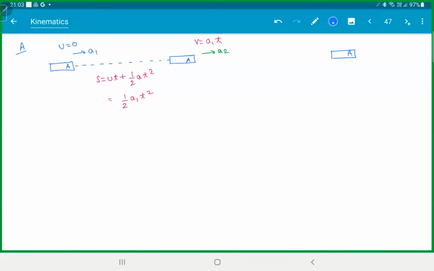So for the second part of the motion, S equals ut, that is a1t into t, plus half a2 t square.